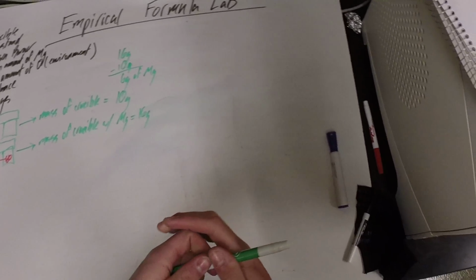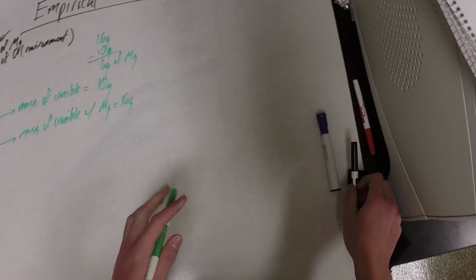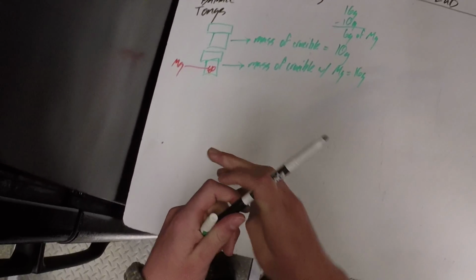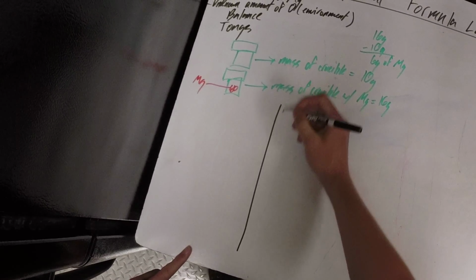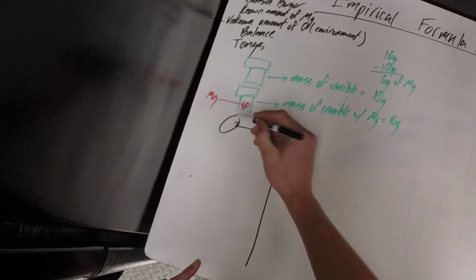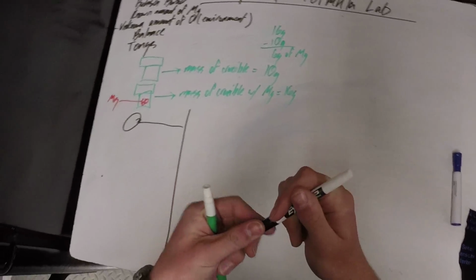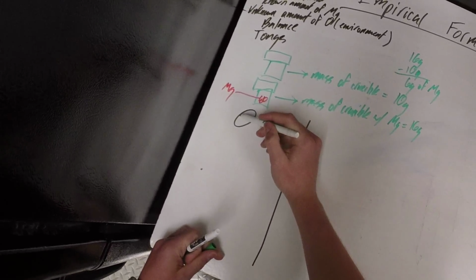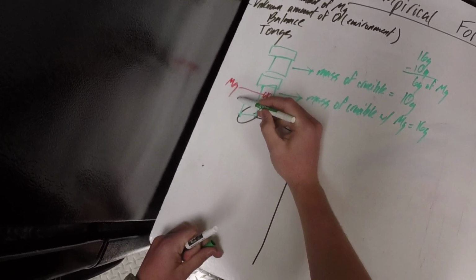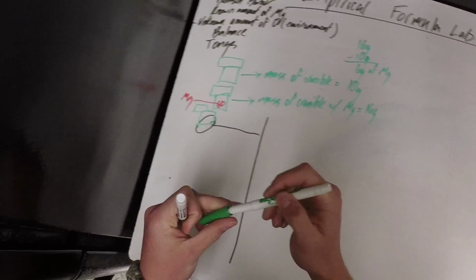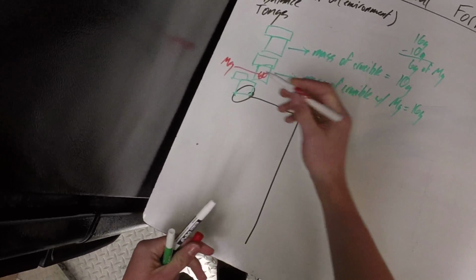So once you have your known mass of Mg, you can take your ring stand, so we'll say that's right here. There's your ring stand, and you'll have the crucible sitting in the ring stand like that with the lid slightly cracked and the Mg inside.